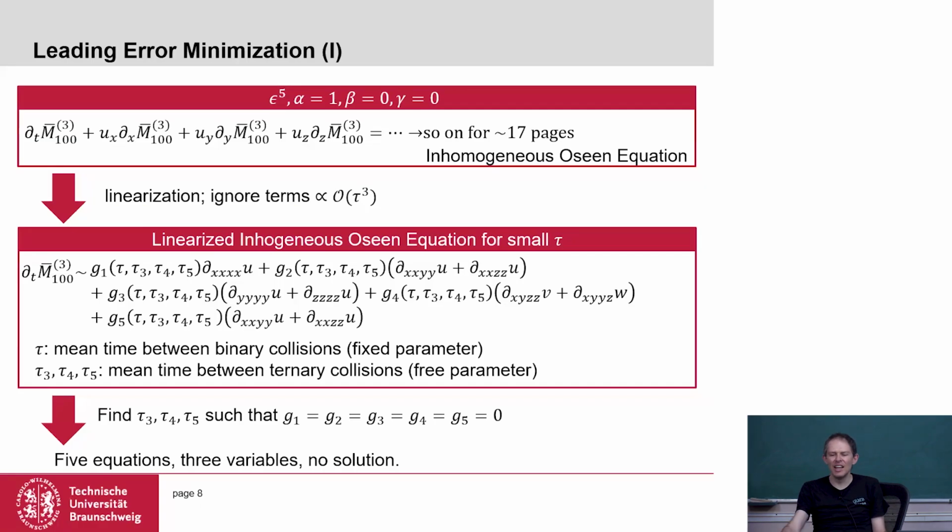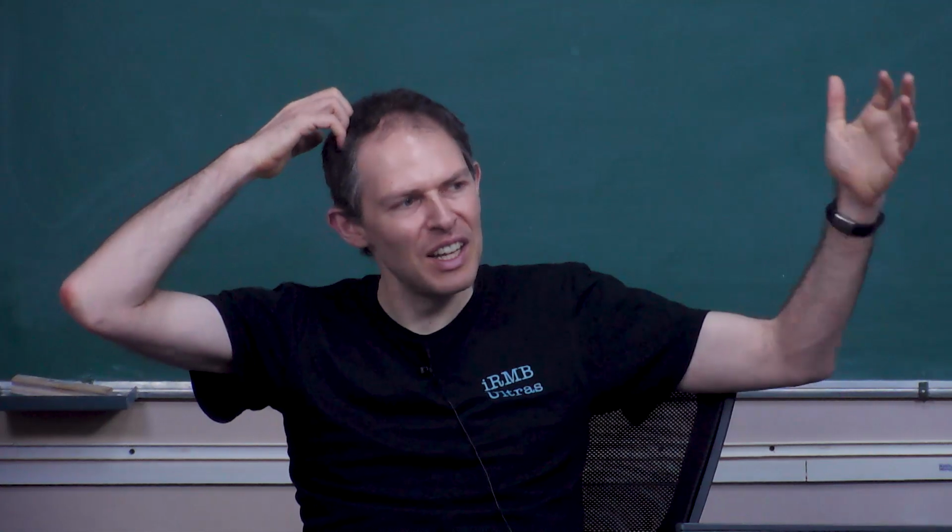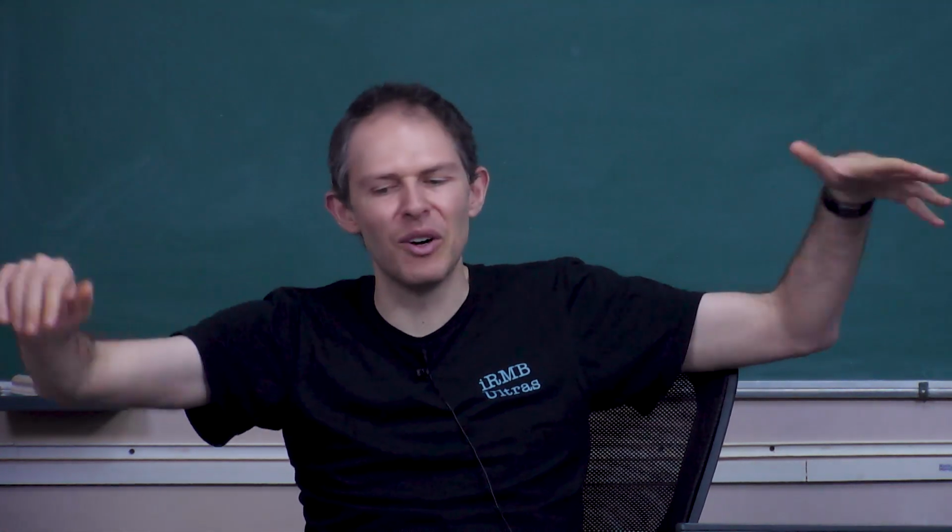I actually needed a big computer to do this, and I haven't tried for the last 5 or so years, but since then I was not able to go to epsilon to the power of 7. In principle, if you want to see the next error, you would go to epsilon to the power of 7, and then you would even see what is going on there.